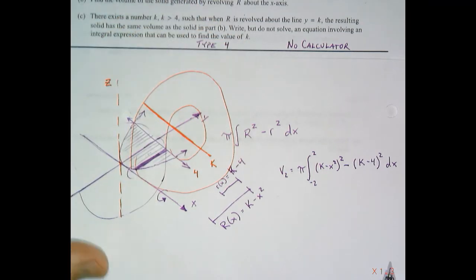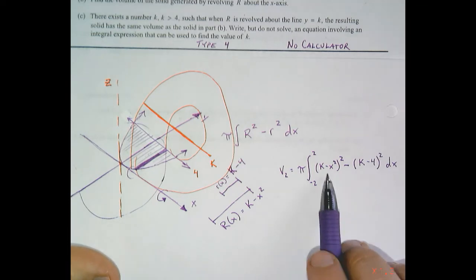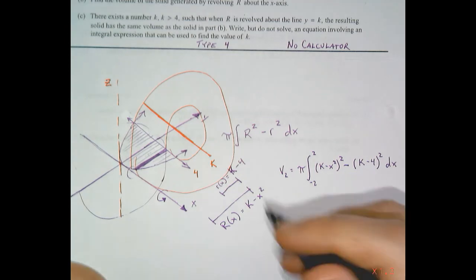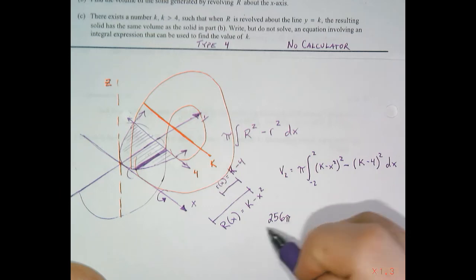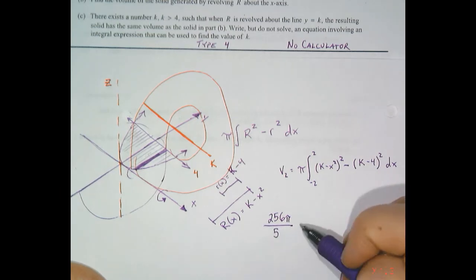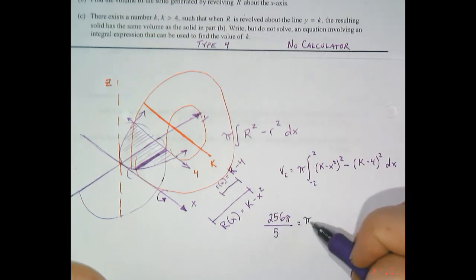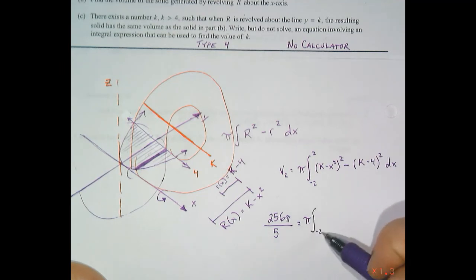And the question was to create an equation where this volume was the same as the volume found in part B. So to get the correct answer here, the equation we'd be solving is 256 pi equals pi integral -2 to 2 of the integrand above.